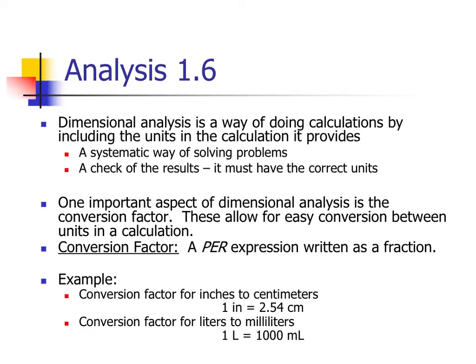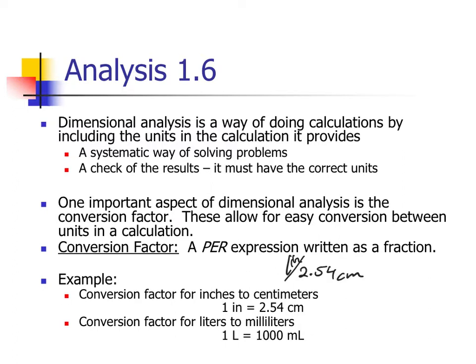And a lot of times we're going to write it as a fraction. How that is written as a fraction doesn't really matter. Some people will write them as fractions, say 1 inch over 2.54 centimeters.